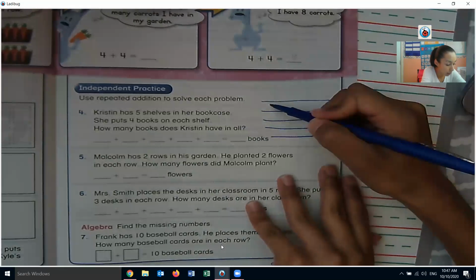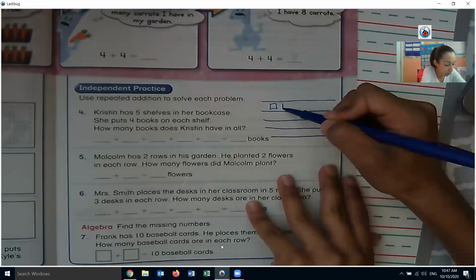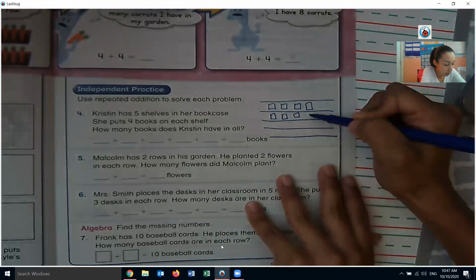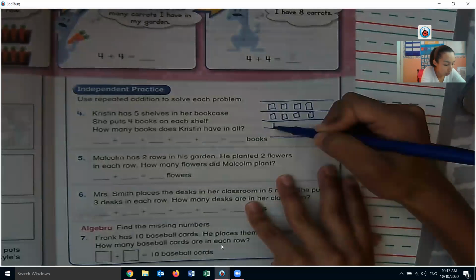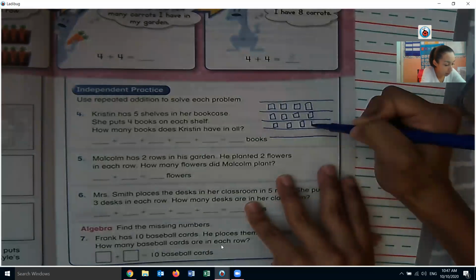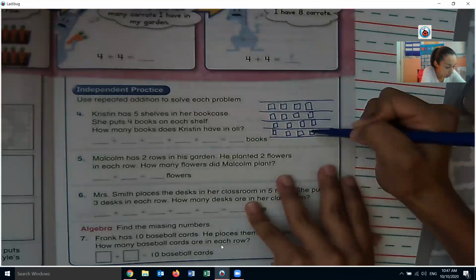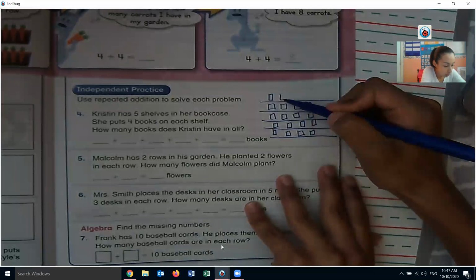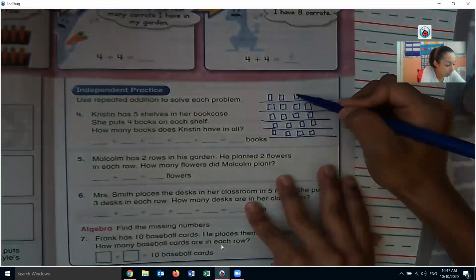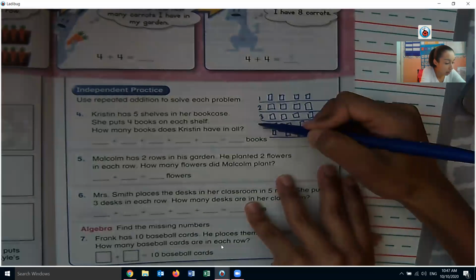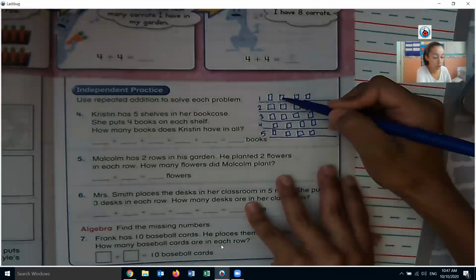So 1, 2, 3, 4, and again for each shelf. Okay, so there's 5 shelves, and there are 4 books on each shelf.